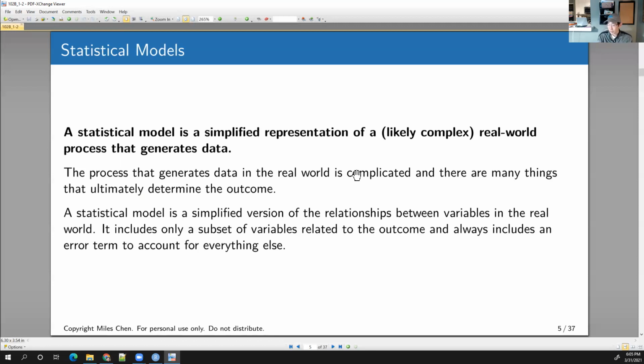And everything that we can't model, all the little specifics and all the little details that maybe if we knew more things we could explain, we're going to just encompass those in what we call an error term, or the residual, okay? The residual, or the error, is just going to capture everything else, and hopefully the part that we do model holds something useful that we can do something with.